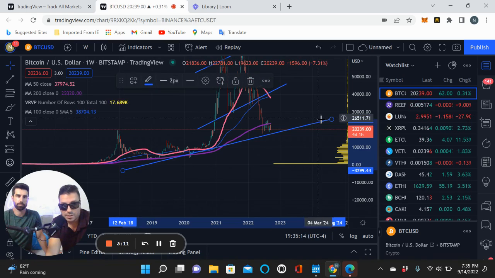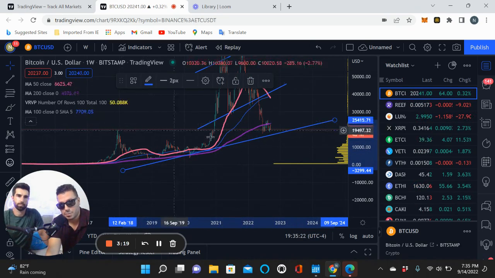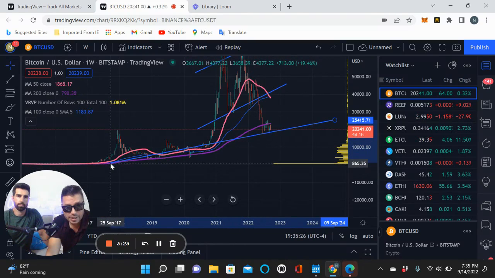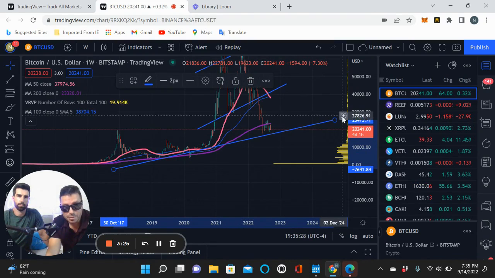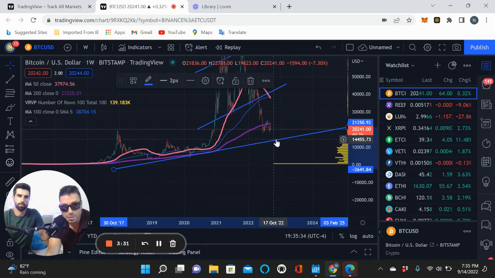That's a more difficult one to draw here because we don't have a lot of touch points, and because these are linear trend lines, and Bitcoin historically has traveled in more of a parabolic path. So let me see if I can get a couple touch points and see where we could possibly go if we do break down from these lows at the 20,000 range.